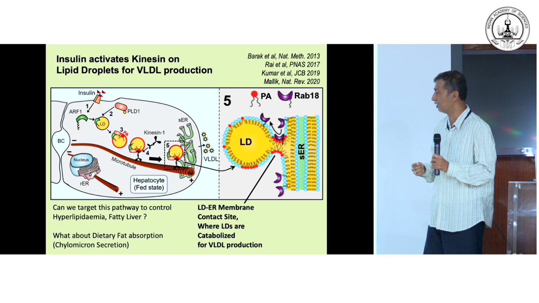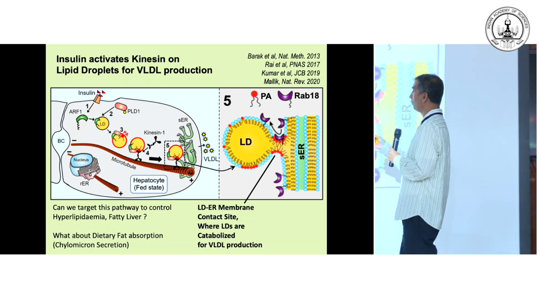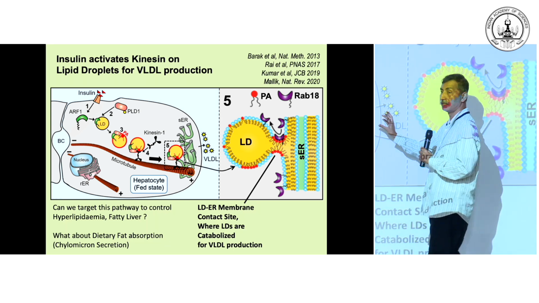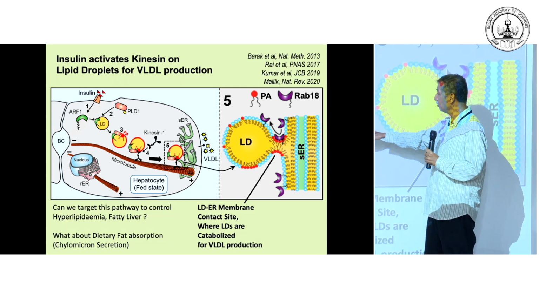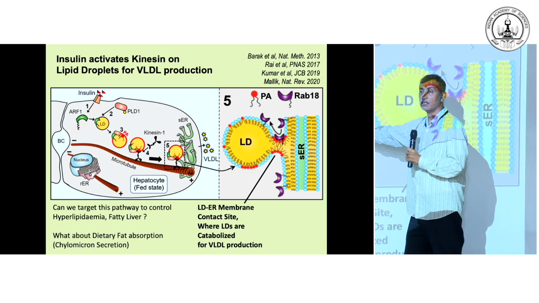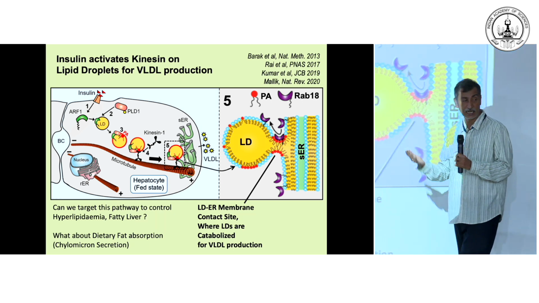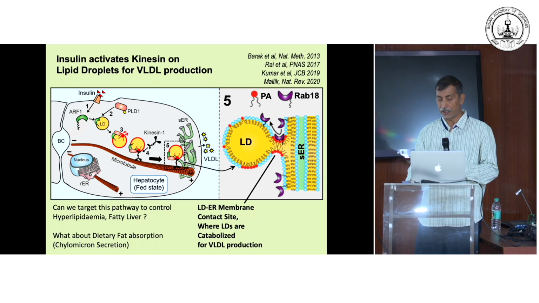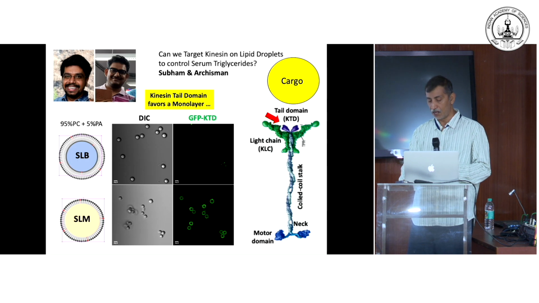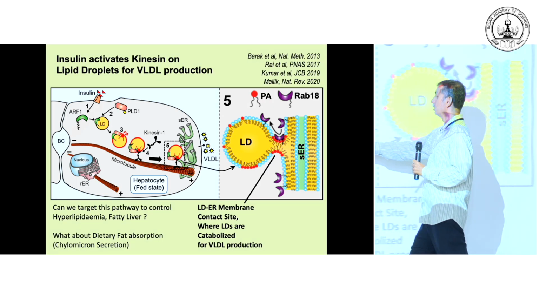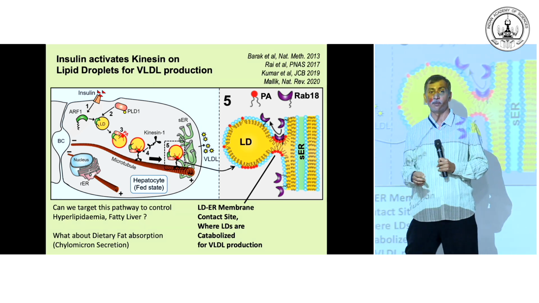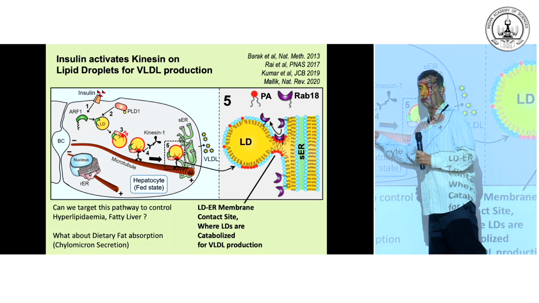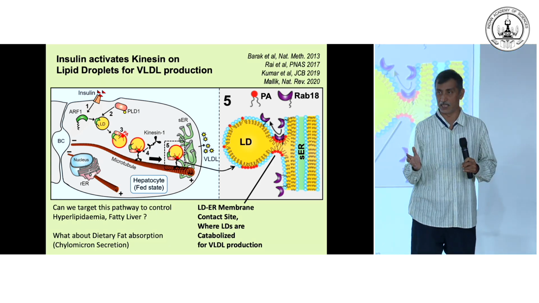We are also trying to find a different way, where if you can control the transport of these lipid droplets to this location, then can you reduce the amount of VLDL, serum triglycerides in your blood, and maybe that can help patients. So how do you do it? Now remember that this kinesin motor carries lipid droplets from here to here, but it does 100 other things inside the cell. So if I go and block this kinesin motor, that is not the way to do it, because that would be a disaster.